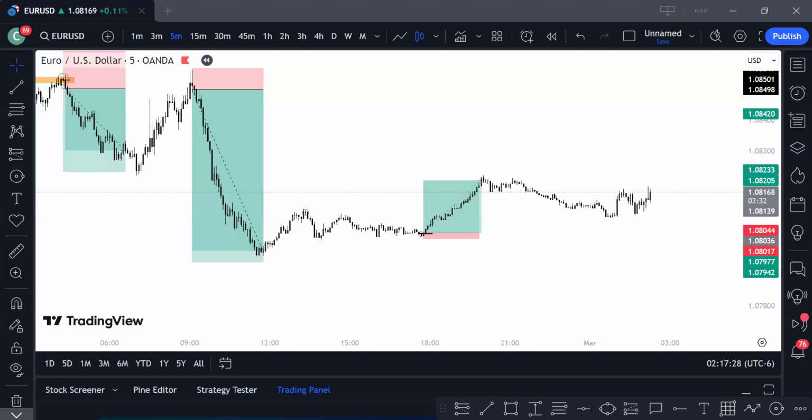Wait, let me show you. And then it created a buy, but it doesn't seem like that sell is going to hold anymore. Not sure it will hold anymore.